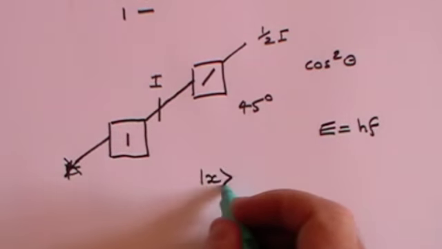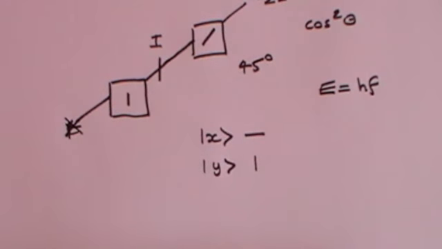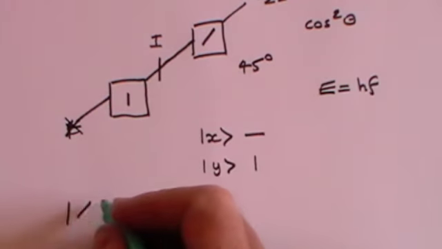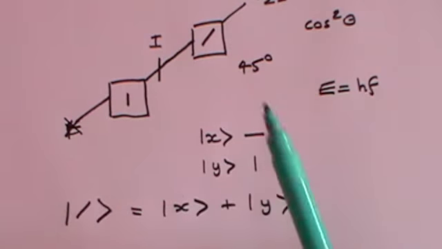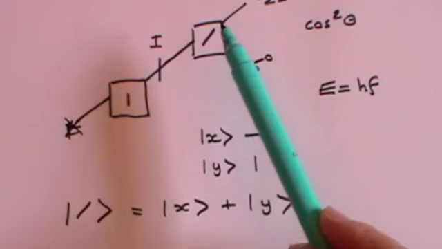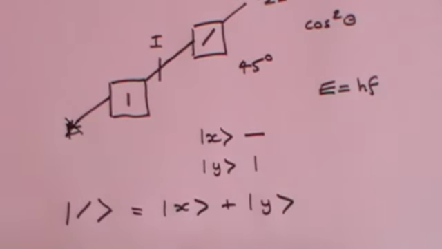So you might think that we can represent the state, which I'll put like this, the ket vector of the 45 degree forward slash state, as simply a combination of the x state and the y state, because of course it's got a bit of both. It's got a vertical dimension and it's got a horizontal dimension. So it could be just the combination of the two. But I will show you that that is not going to quite work. It's not far short, but it's not going to work.